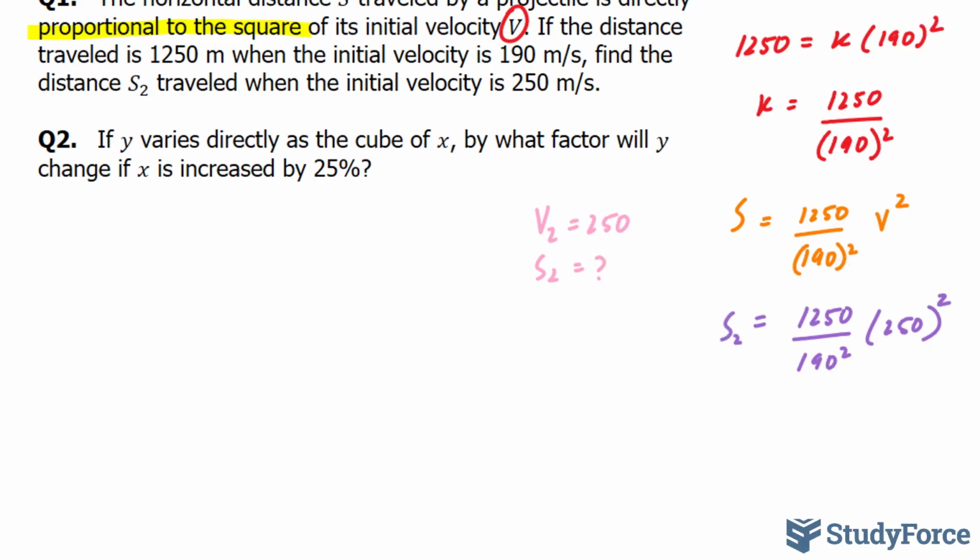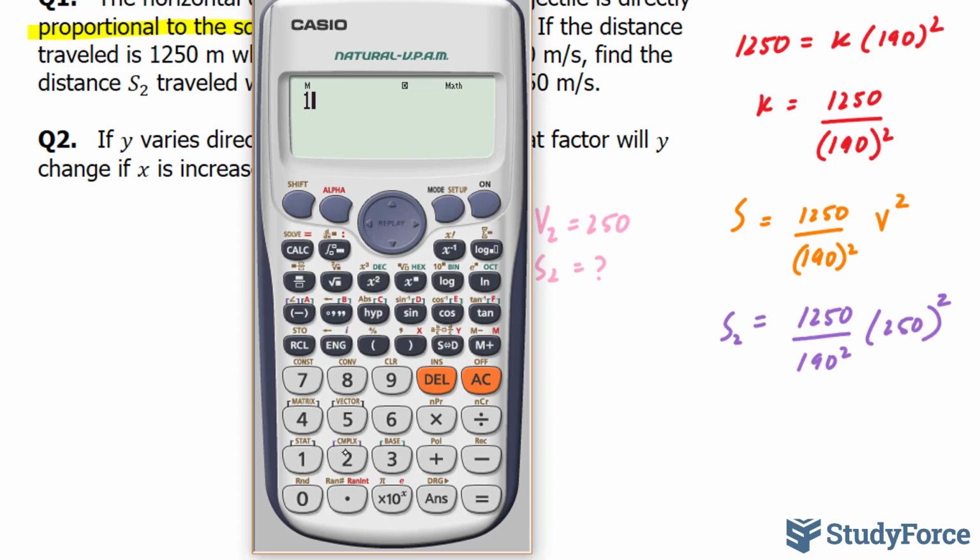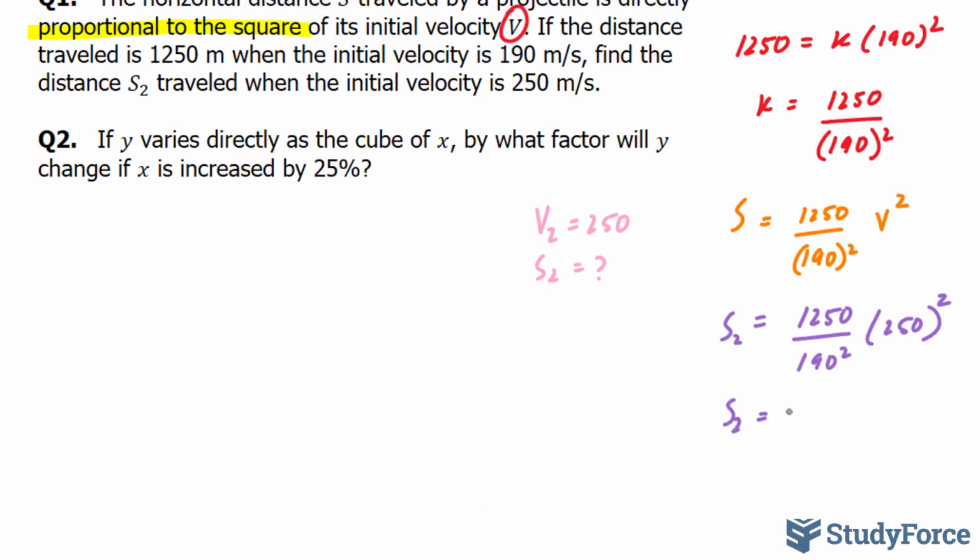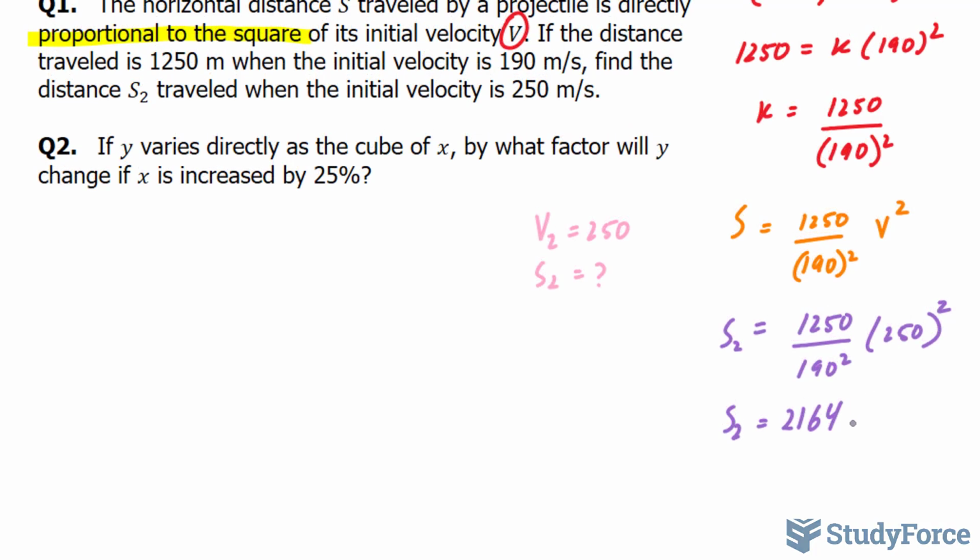Next, we will evaluate this using our calculator. 1,250 divided by 190 squared, that's this part, times 250 to the power of 2, giving us 2,164, and the unit is meters. So that is the distance traveled at this speed.